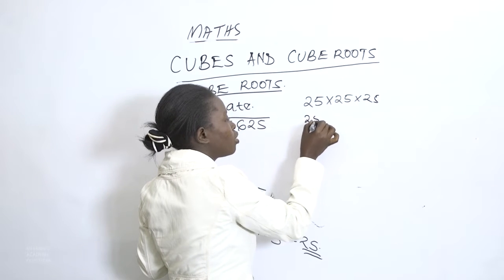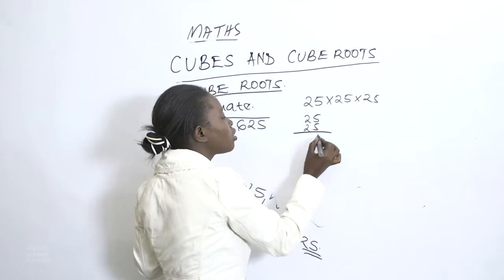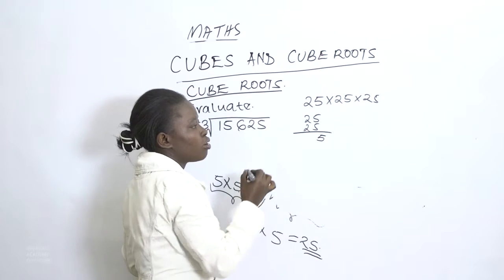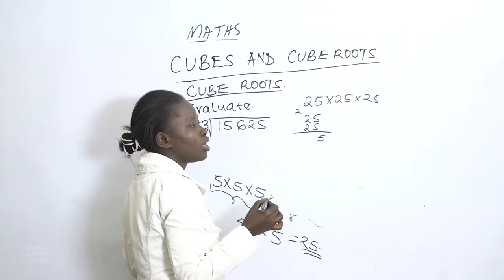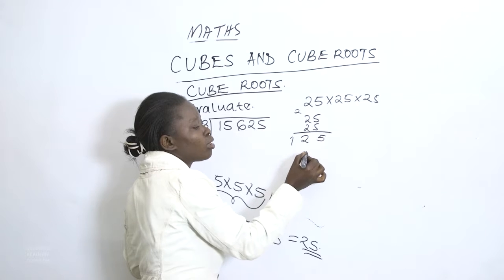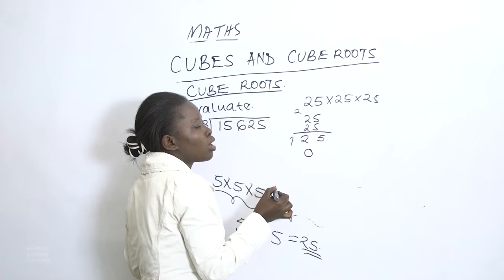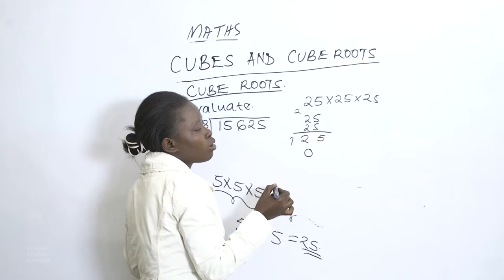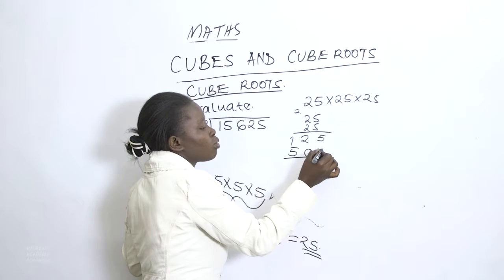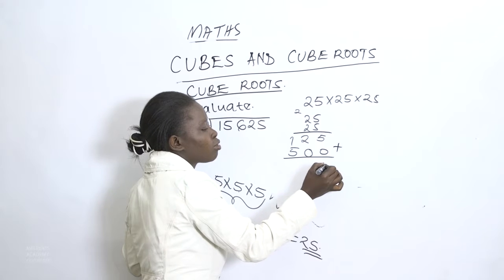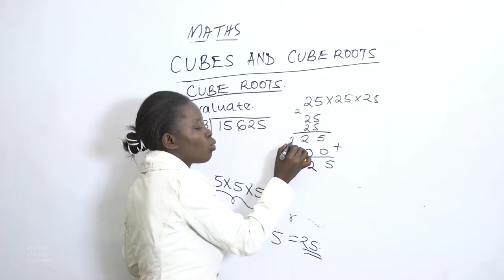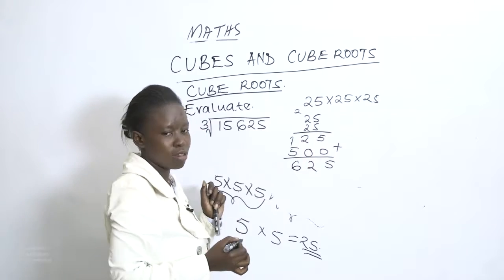So 25 times 25, 5 times 5 is 25, so write 5, carry 2. 5 times 2, 10, 10 plus 2, 12. 5 times 2 is 10, so write 0, carry 1. 2 times 2, 4, 4 plus 1, 5. So this means if I add, I have 5 plus 0, which is 5. 2 plus 0, that is 2. 1 plus 5, that is 6.